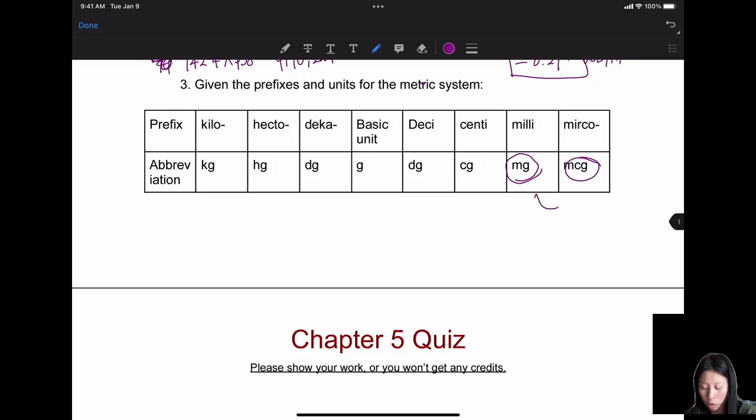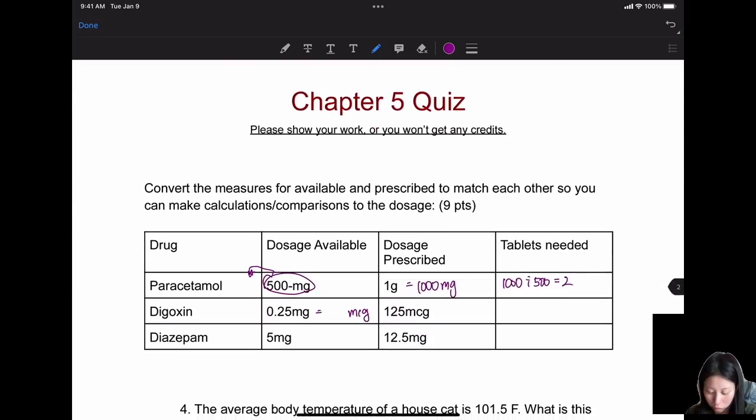So that means you need to what? From milligram to microgram, you times 10, but from microgram to milligram, you need to divide it by 10. So here, you times 10, you got 2.5 micrograms.